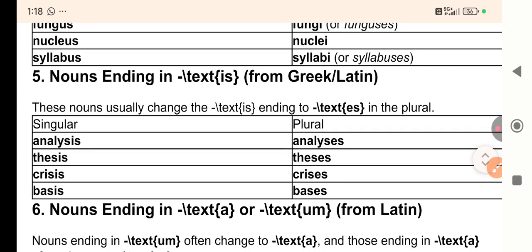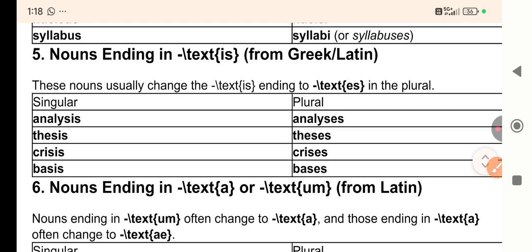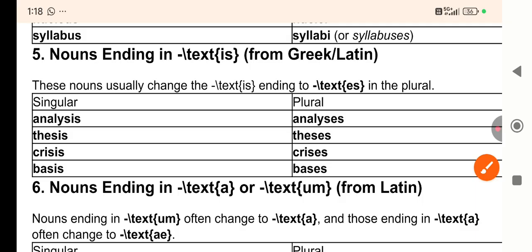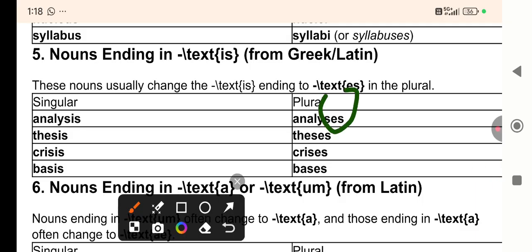nucleus, nuclei, syllabus, syllabi. Now the next rule, nouns ending in is. So is becomes es. This is the fifth rule, right? How?